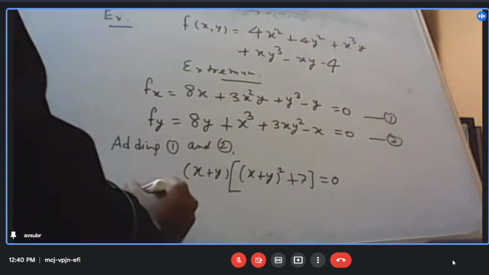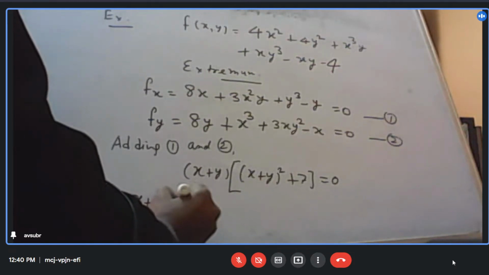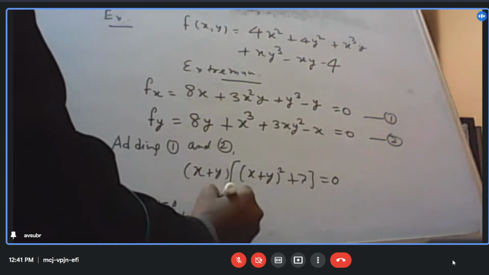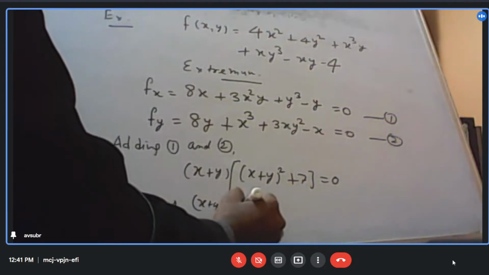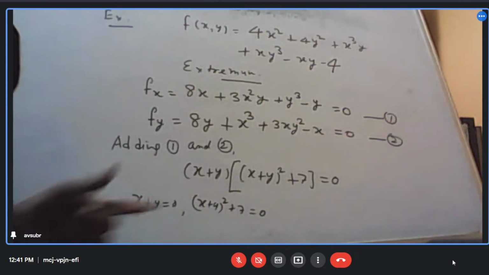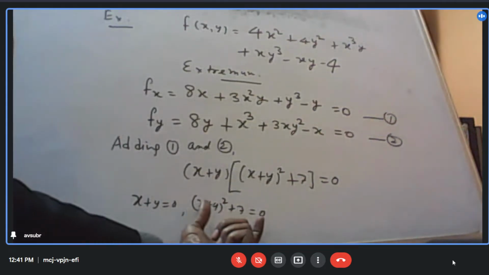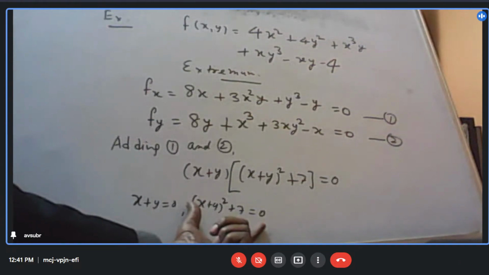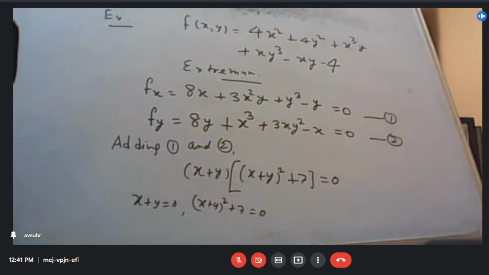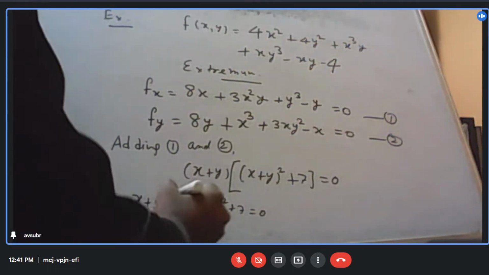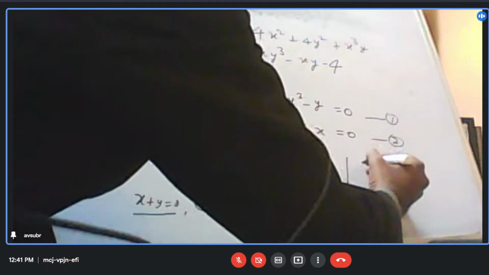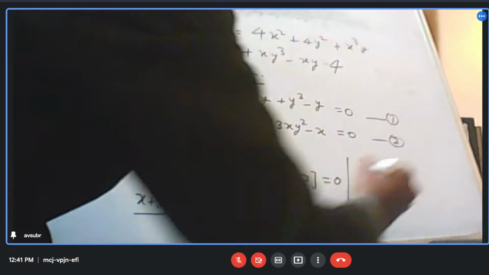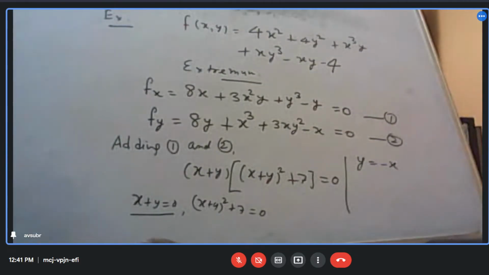So either x plus y equal to 0 or (x plus y) whole square plus 7 equal to 0. Obviously, we cannot find a real number from this, right? So the only option left is that x plus y is equal to 0, that is, y equal to minus x.